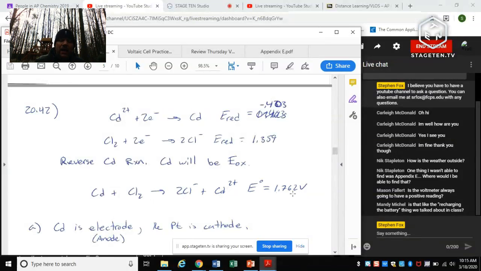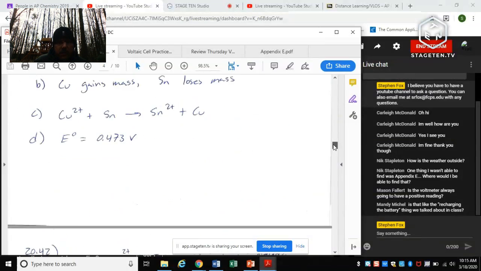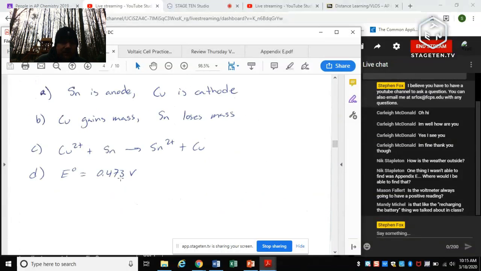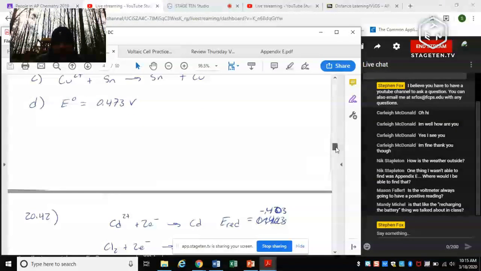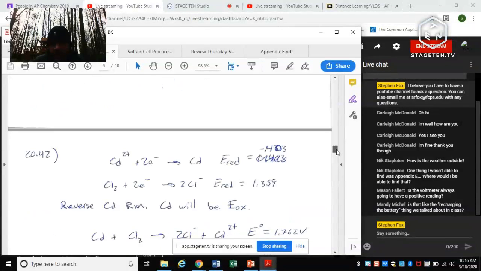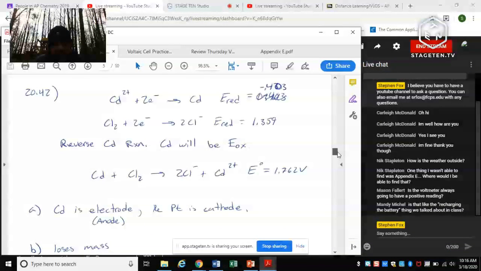If you supplied a voltage greater than that, then you could cause the reverse reaction to go, and that's what recharging the battery is. Okay, so like for this reaction, we would have to supply a voltage greater than 0.473 volts. The higher the voltage, the faster you can charge the battery compared to the spontaneous voltage. But yeah, that's exactly what we mean by recharging the battery.